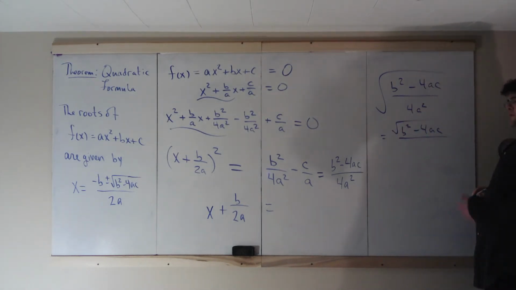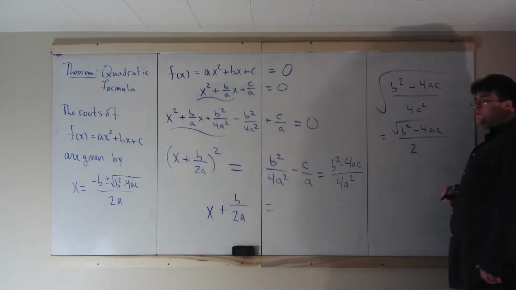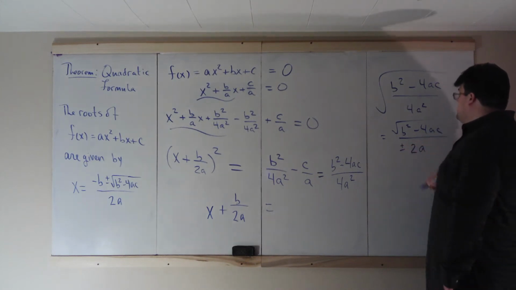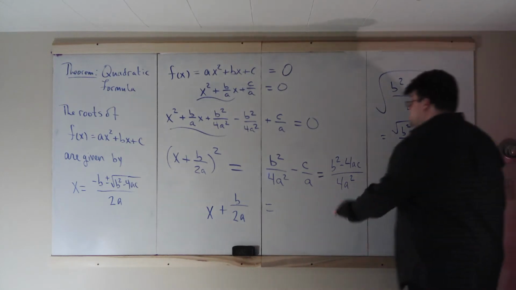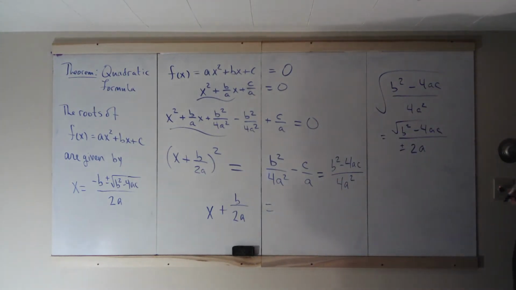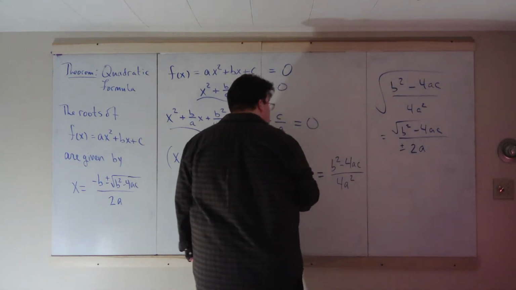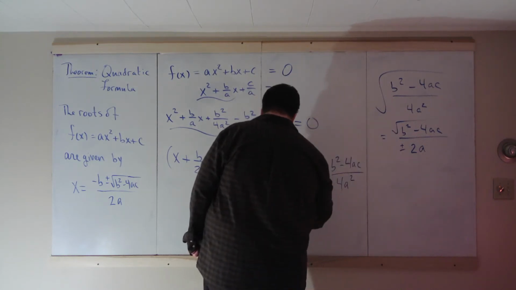So on top we have that, but the bottom, notice, is a perfect square. Because 4 is 2 squared, a squared is a squared, and we want all such values where this squared equals that, so we're going to need a positive and a negative when we take this square root on the bottom. So the left side simplifies to this, and it's more common, because of the fraction, to just throw that positive negative on top.